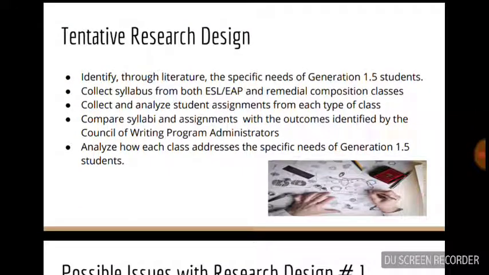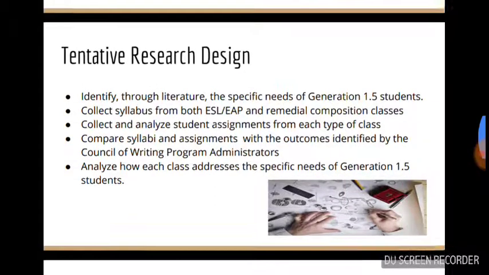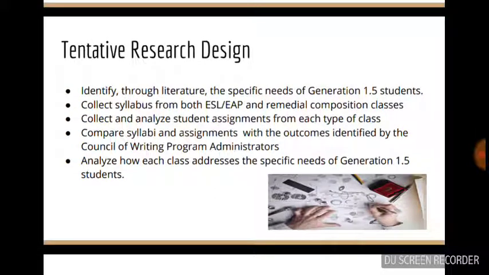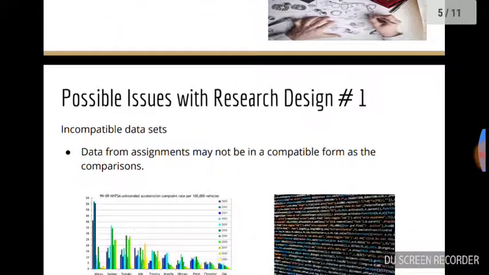And once I have this outlined, then I will analyze both work samples from students in ESL, EAP, and in remedial classes, and I will analyze syllabi from these types of classes, and I will see which of these classes are best addressing their needs and best addressing the outcomes.